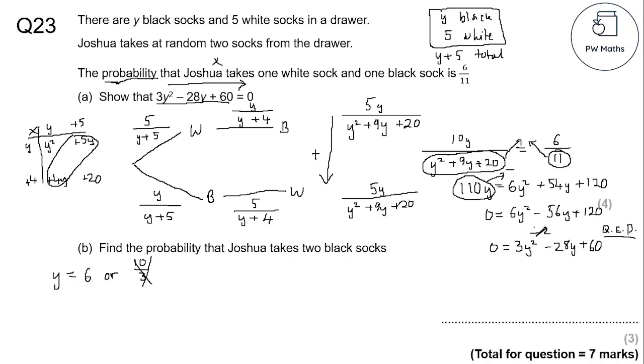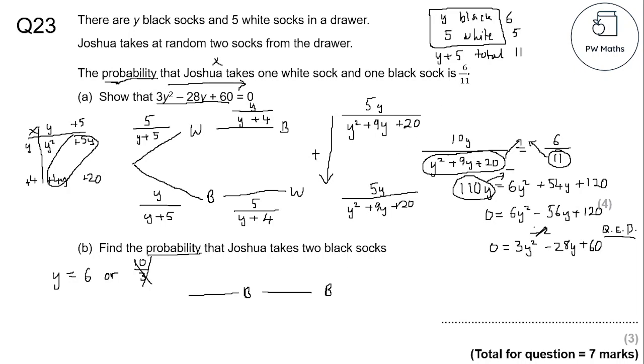We know we've got 6 black socks, 5 white socks, 11 in total. What's the probability that Joshua takes 2 black socks? Probability tree. The world's easiest probability tree, because he's got to take a black sock followed by a black sock.